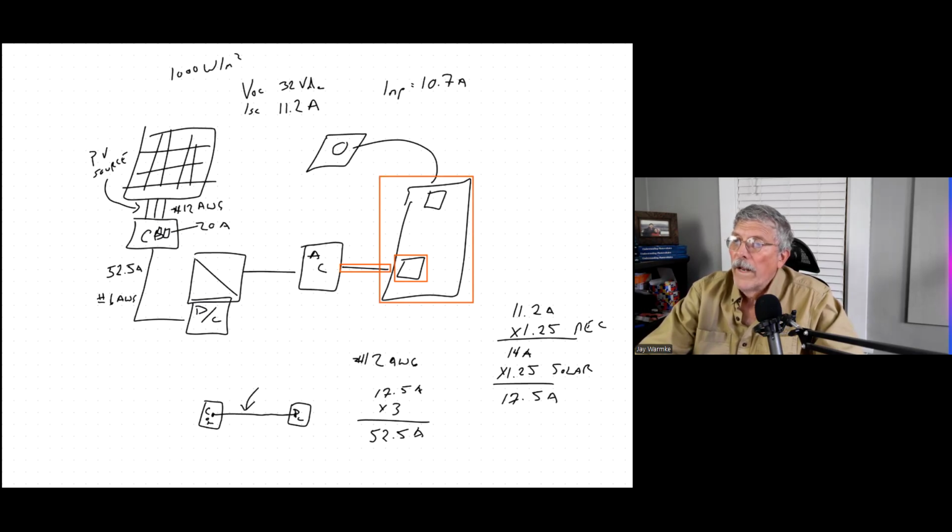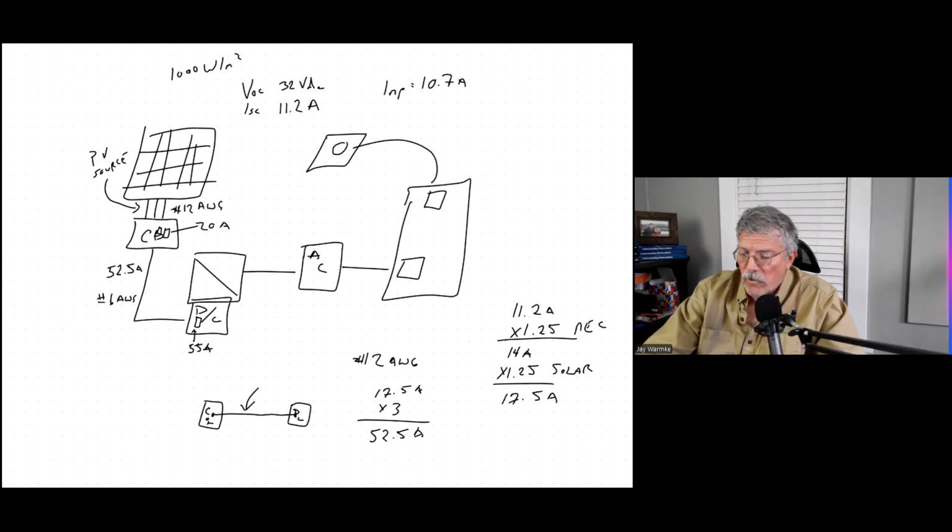Now, what happens when we come in to the DC disconnect? Well, if there's a fuse or a breaker here, what size fuse or breaker? We round up to the next commercially available size. I think there's a 55 amp fuse. So we put a 55 amp fuse there. Once again, we've got 55 amp wire, 55 amp overcurrent protection. We're fine. What about the rating of the box itself? Usually these DC disconnects come rated 30 amp, 60 amp, 100 amp, 200 amp.